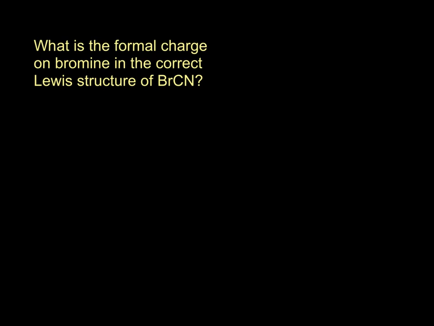what they do is they would say, what is the formal charge on bromine in the correct Lewis structure of this? So what you'd have to do is you'd have to draw all those possible structures, determine which of the structures is best, and what the formal charge is of bromine.